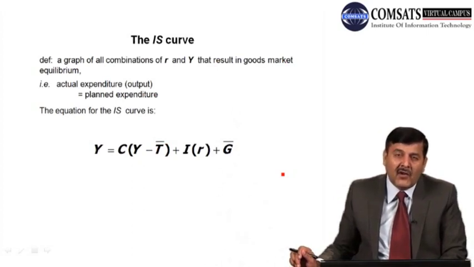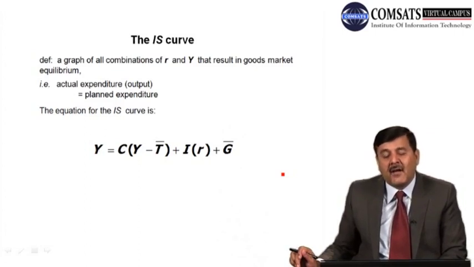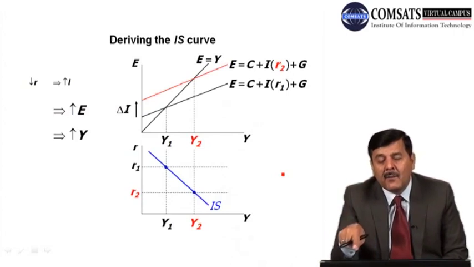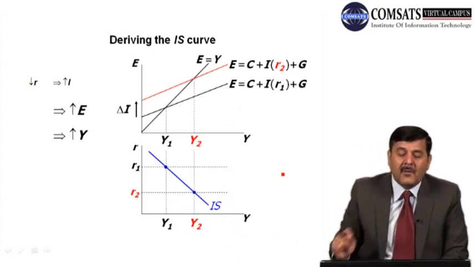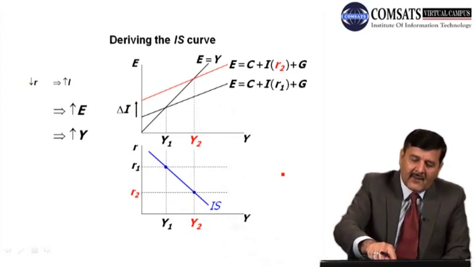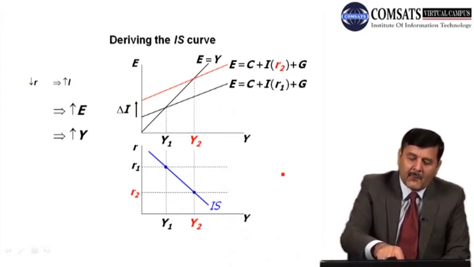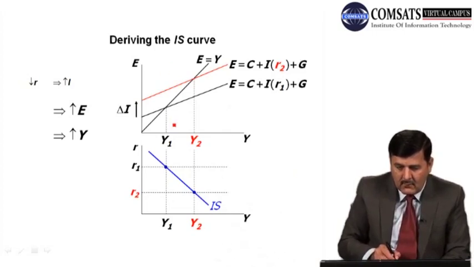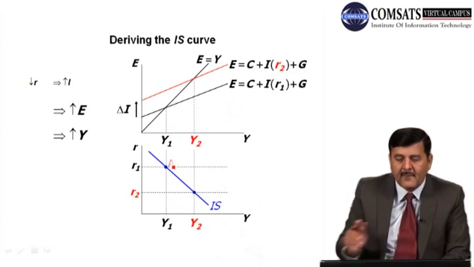Interest rate is the only variable that can affect the level of income in the economy. So here also, when we write E is equal to C plus I(R1), it means the rate of interest is R1, plus G. Now the equilibrium level of income in the economy is Y1. If we bring this Y1 down against the line, we get a point against R1 and Y1. We can call this point A, right?